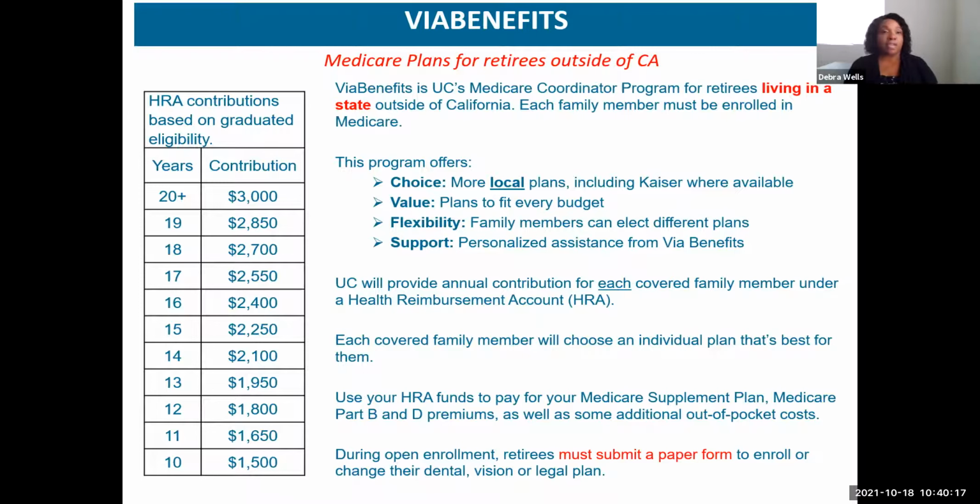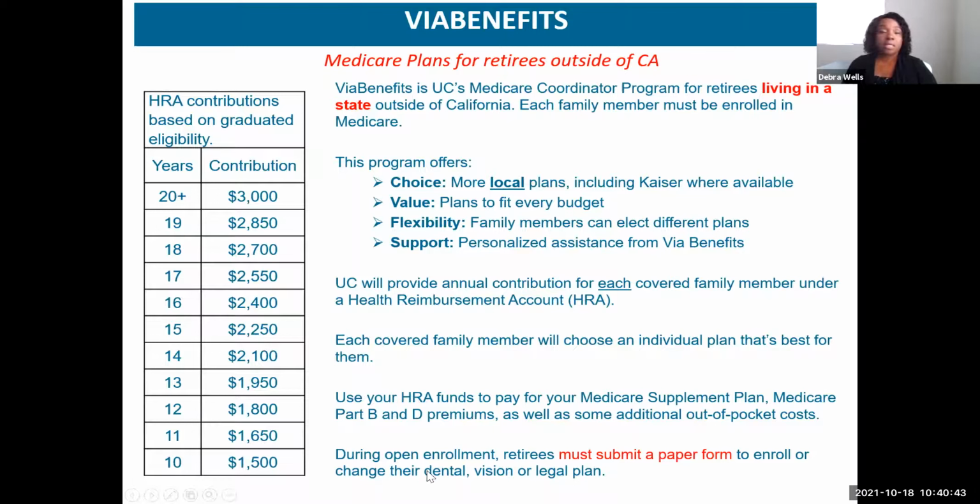So you're the driver in the state of California for all family members. But under VIA benefits, each family member is individual, and you select your own supplement plan and your own prescription drug plan. So someone may have Anthem Blue Cross as their supplement plan, while your family member may be in Kaiser. So you can have two different plans.